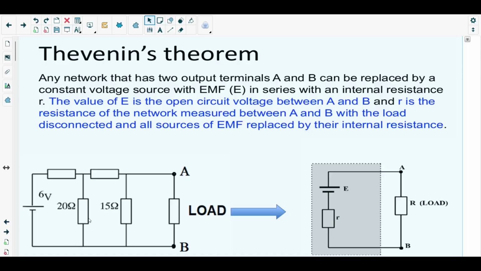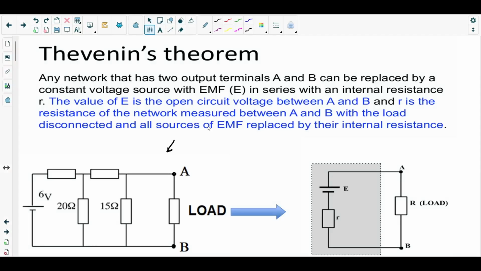Before getting into the discussion about Thevenin's and Norton's theorem, I would like to say what's the significance of these theorems. Why are we learning them? The only reason is that when we have very complex circuits, with a lot of resistors, like the circuit you see here, that's pretty complex.